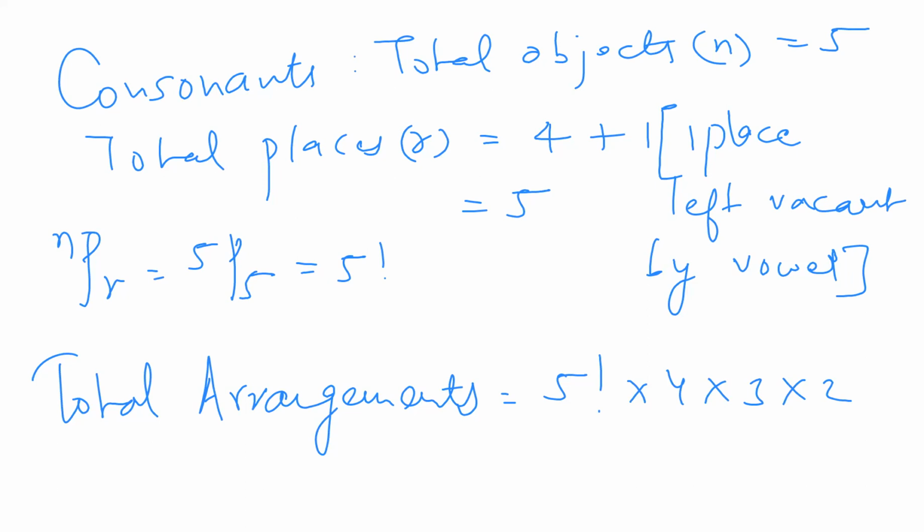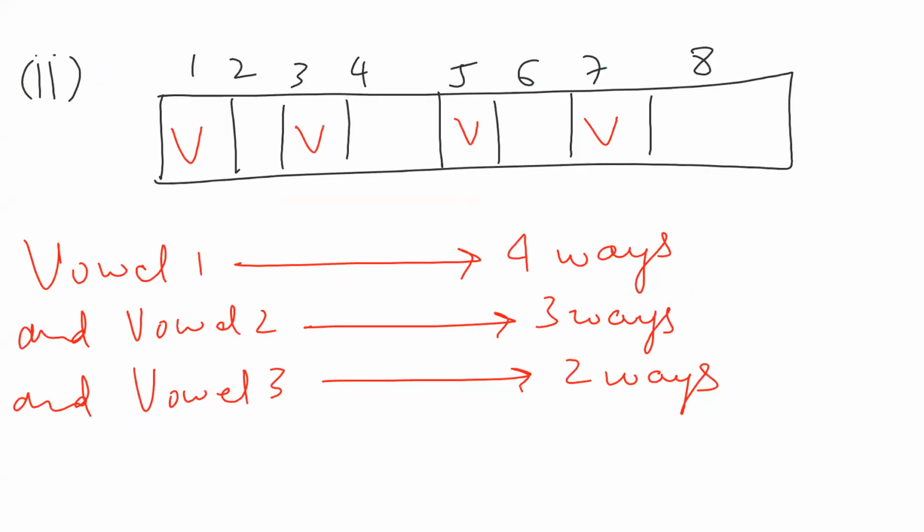Like any one. Yeah, correct. I just gave an example of 1, 3, and 7. It can be 1, 3, and 5 also. So if the 1st, 3rd, and 5th places get utilized, the seventh place will be left vacant. Yeah, good.